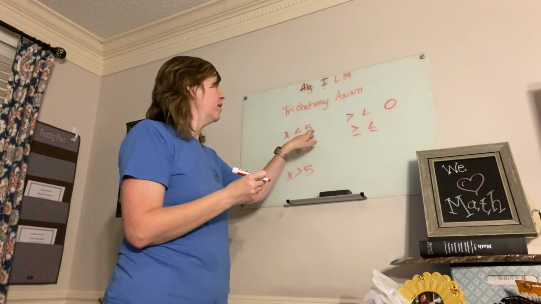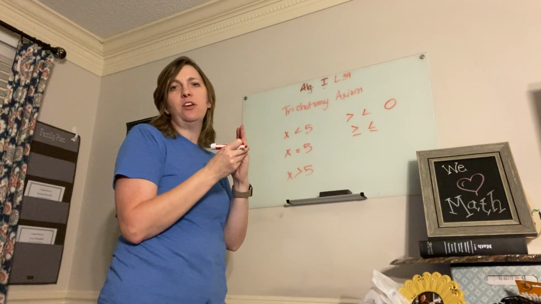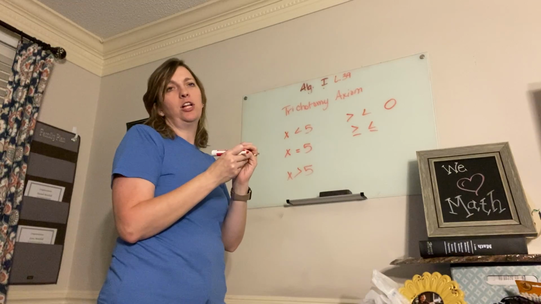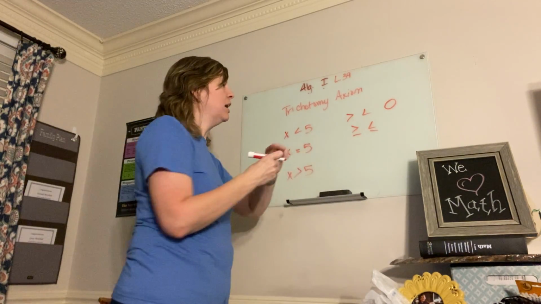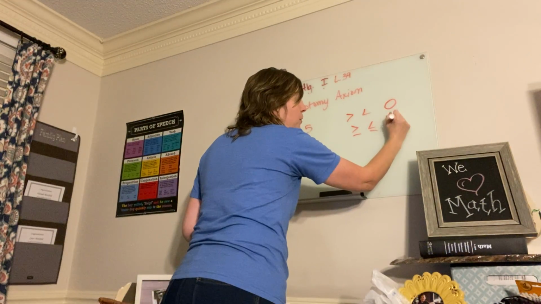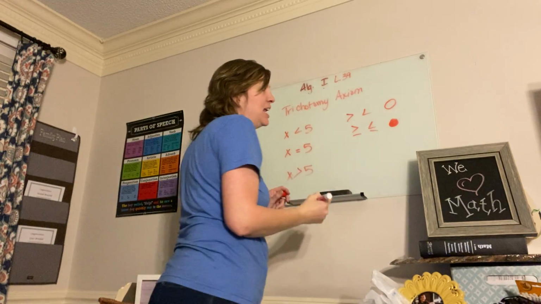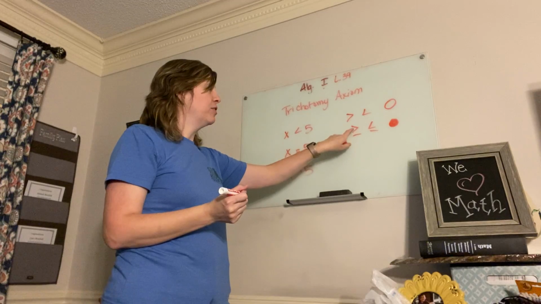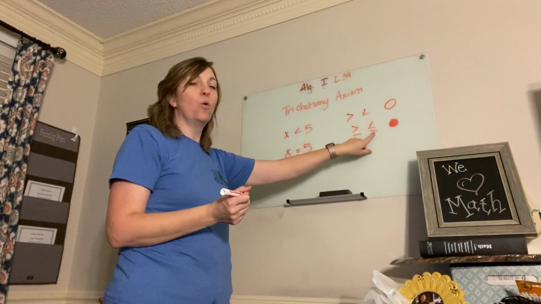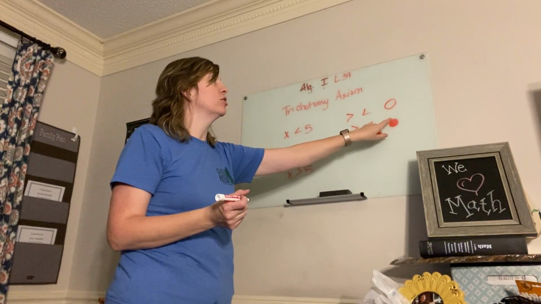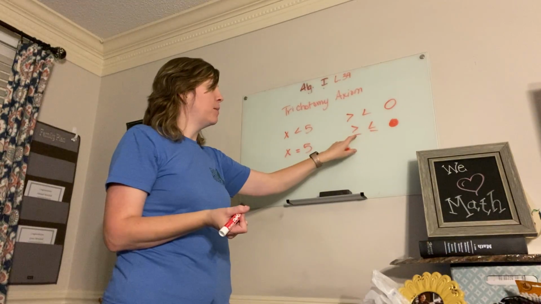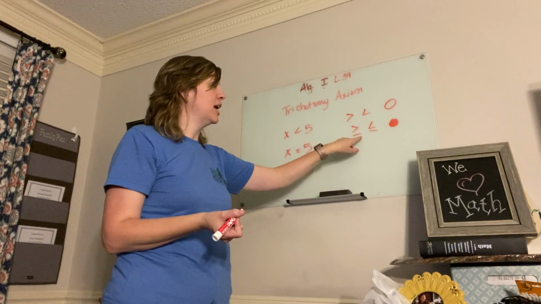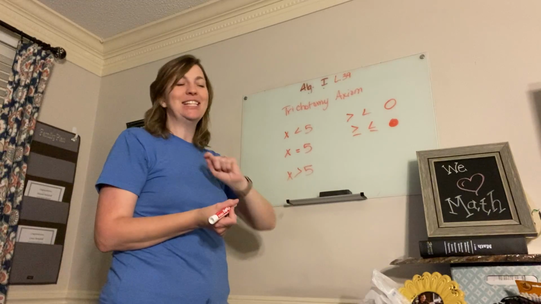So if it were open dot at 5, it could go all the way up until that point, but it cannot include 5. But if it's or equal to, when we're graphing it, we put a dot and we actually shade it in because that means it can include the dot. And we say greater than or equal to, less than or equal to, so that we know it can also include it. One way I remember is because there's an extra marking here, you've got extra marking inside your dot.